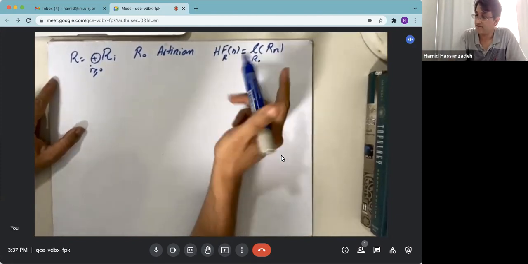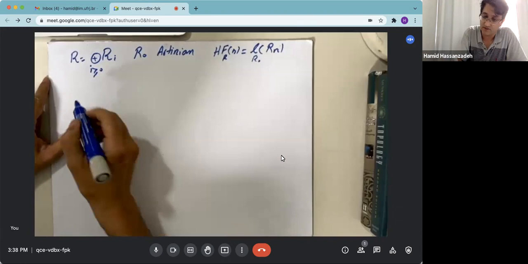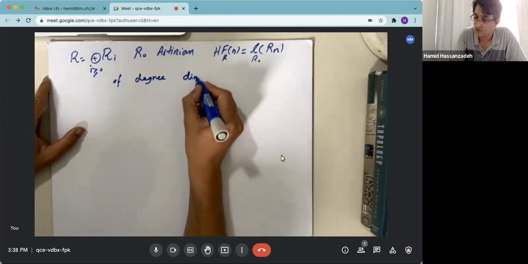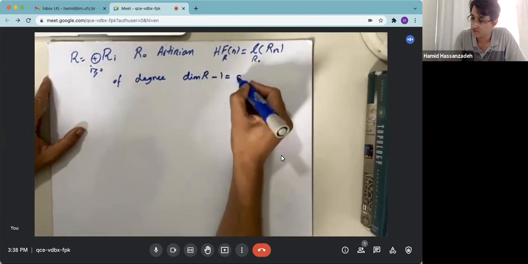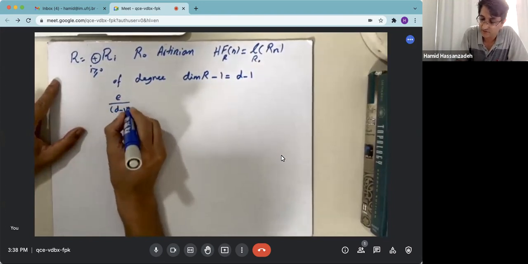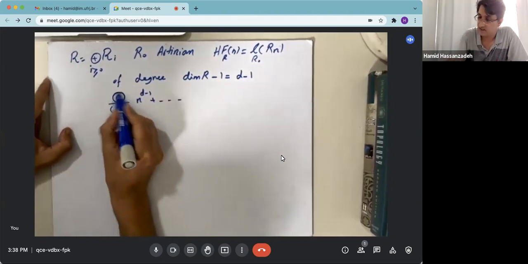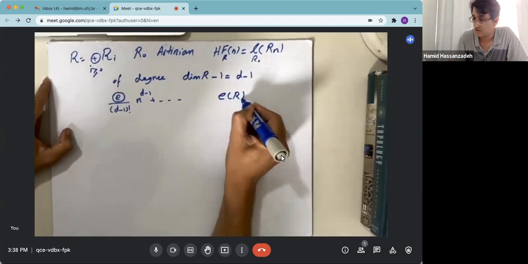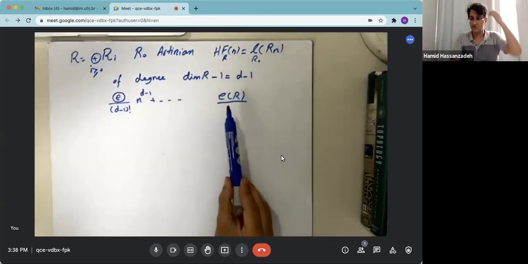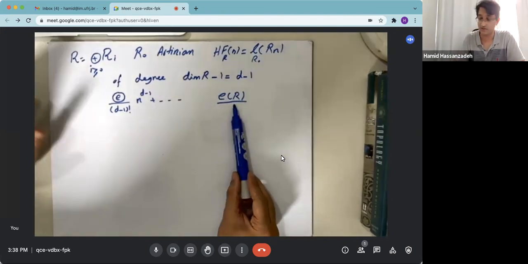And then he shows that eventually for big enough n, this function is a polynomial function of degree dimension of R minus 1, which I denote by d minus 1, and the leading coefficient is just e over (d minus 1) factorial, etc. And this e is called the Hilbert multiplicity of the ring R, and it has a very critical role to understand the singularity of varieties, especially the isolated singularities.